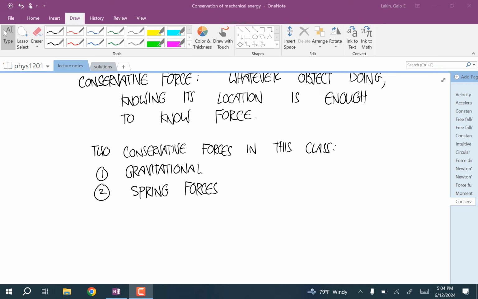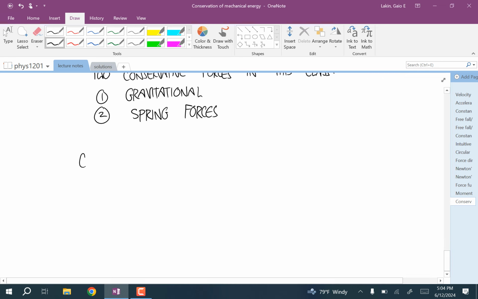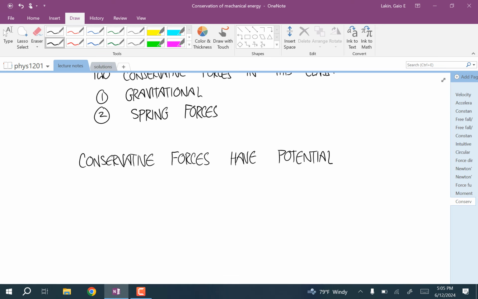Now, conservative forces have something called a potential energy. So conservative forces have potential energy U. How you calculate that potential energy for different forces changes, but any conservative force has a potential energy. Any non-conservative force does not have potential energy.